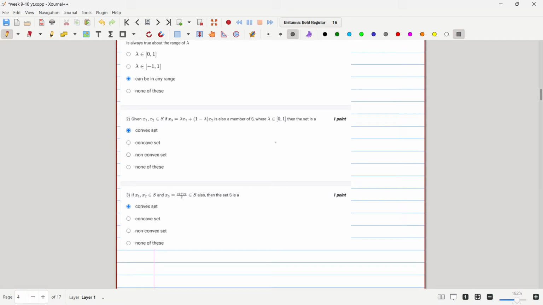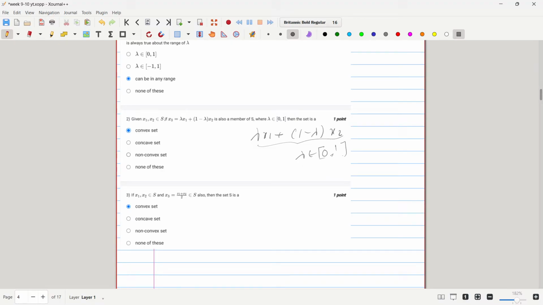Now coming to the convex set. Convex sets are sets of points, like if you can show them mathematically as lambda times x1 plus (1 minus lambda) times x2. If you can show these 2 points as this expression, your points will be in the convex set, and lambda will always be in the range of 0 to 1, including 0 and 1.